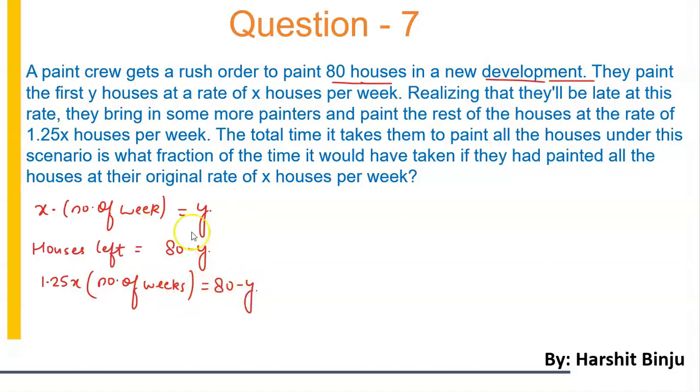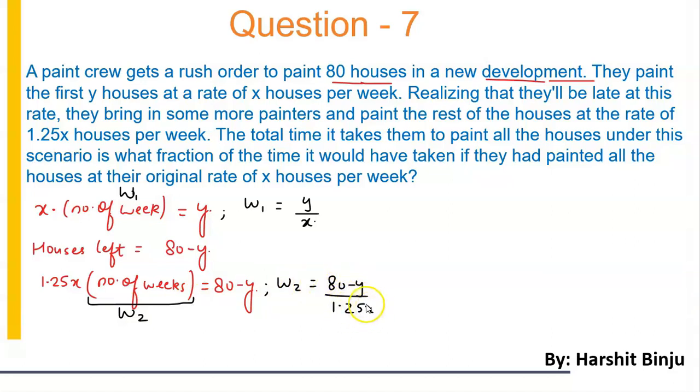Now the total duration for painting Y houses, let's call it W1, that is number of weeks. So W1 will be equal to Y by X. Let's say that number of weeks for the rest is W2. So W2 is 80 minus Y divided by 1.25x.